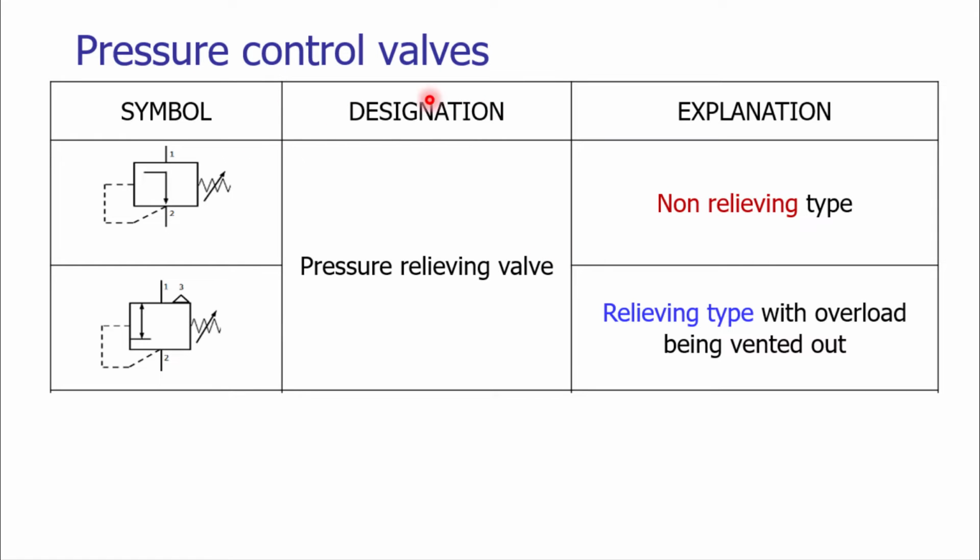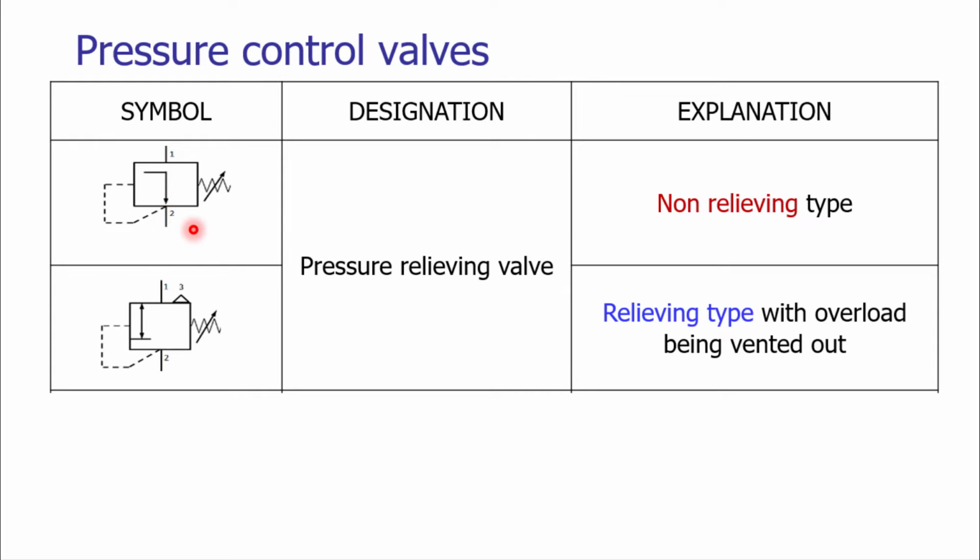Now the pressure control valves are designated in the typical way which we have seen in hydraulic circuits as well. The non-relieving valve can be represented by a square with an arrow, and there is a spring with an inclined arrow indicating that we can set the spring force. When the load pressure or the output pressure is more, the valve will be opened and it will be connected to the input port.